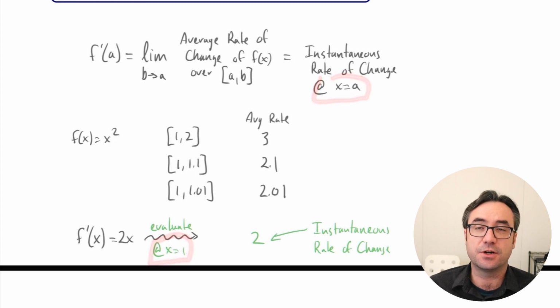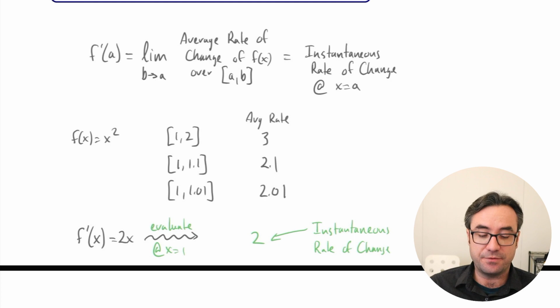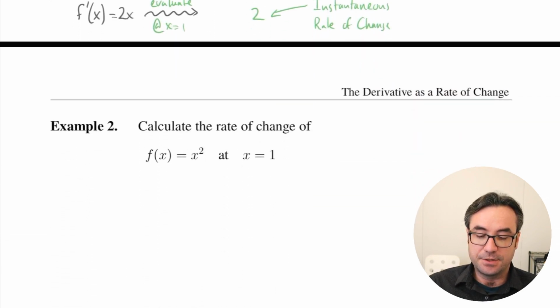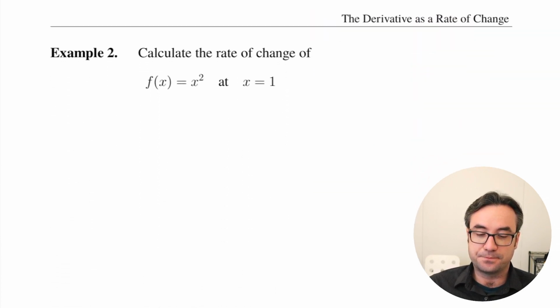How fast is our function changing directly at that one specific point? And that's what we're investigating when we talk about a derivative. So we just did it. Let's calculate that instantaneous rate of change.